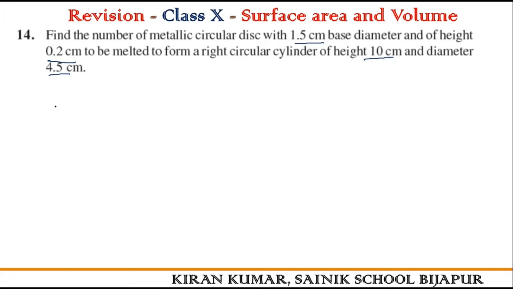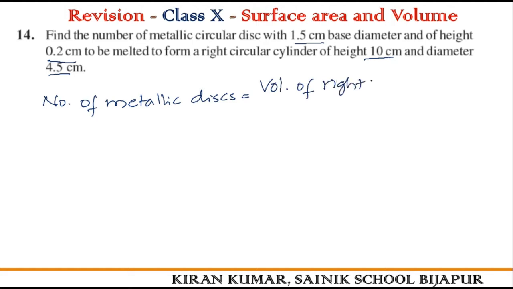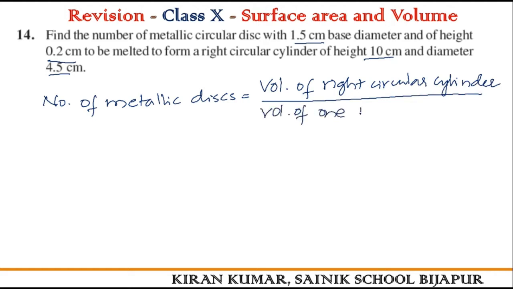Here the number of metallic discs which can be made will be equal to the volume of the right circular cylinder divided by the volume of one metallic disc, which is circular in nature.